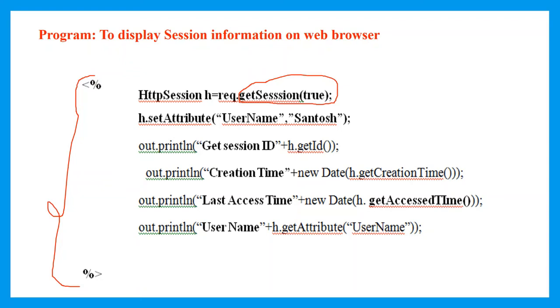So we need to make use of the default object of the request, which is request, not REQ. The default object for the request is request. This is the default object in JSP.